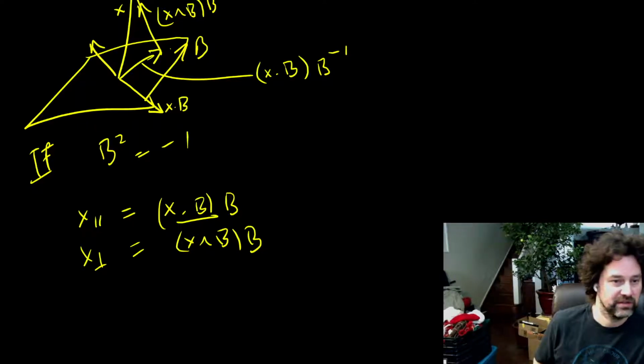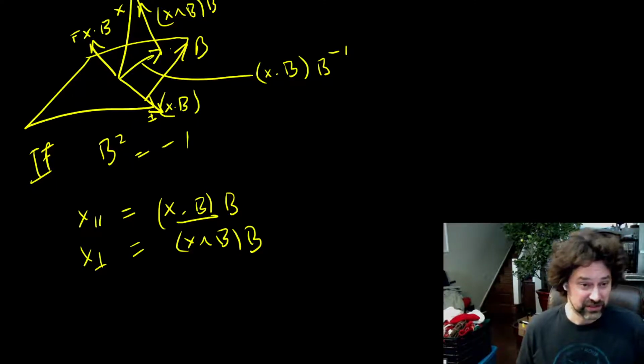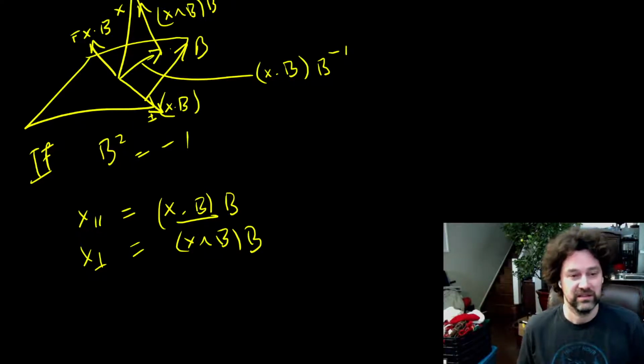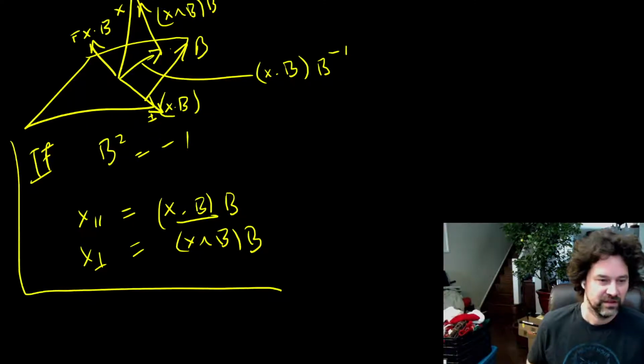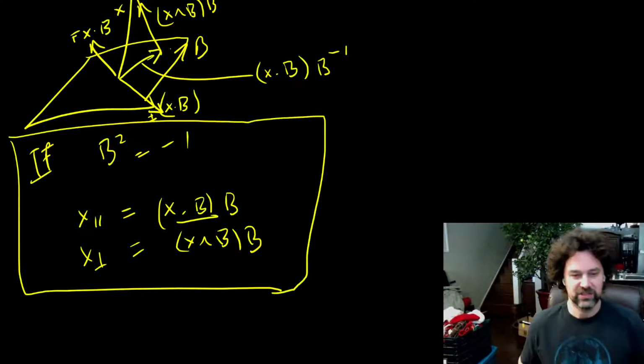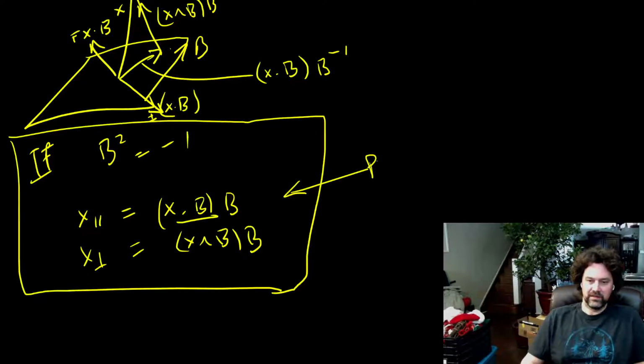This is x dot b, plus or minus x dot b, minus plus x dot b, where the actual direction of this vector depends on the orientation of b and x with respect to the plane. Anyways, so this is the geometry of decomposition of a vector x into the projection with respect to b, and the rejection.